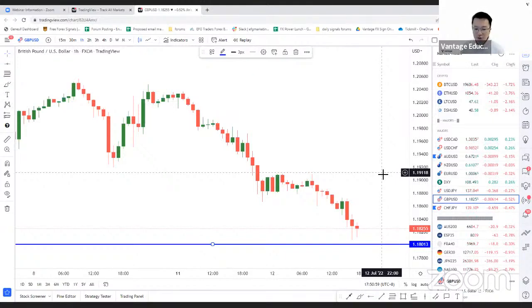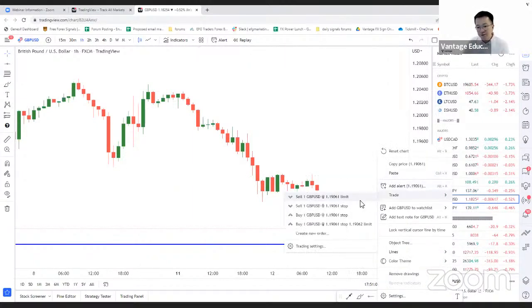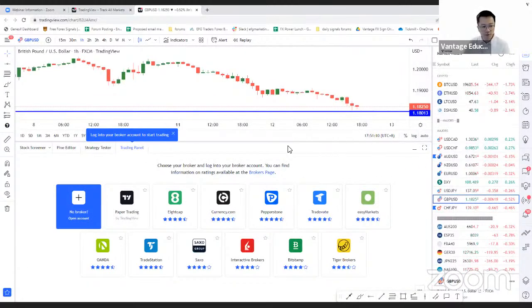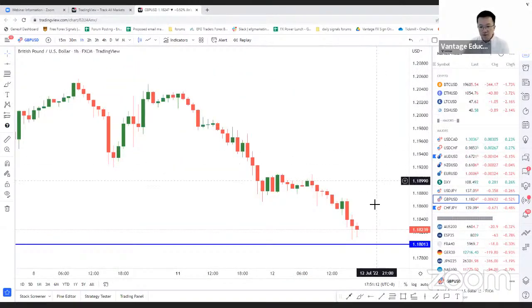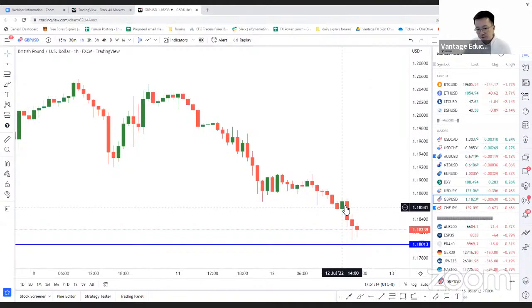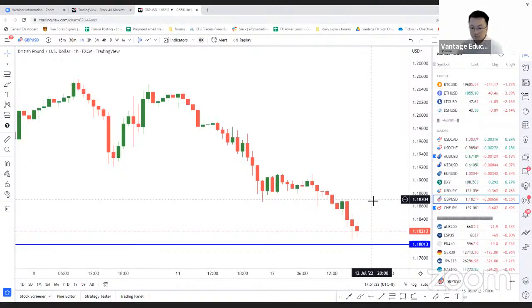So for me, it's not just about looking at the price action. I love the price action to tell me to get ready to sell. But I love the price action to tell me we might see that downward formation pushing lower towards that 1.18 level, and I would look for price action combined with some technical analysis.